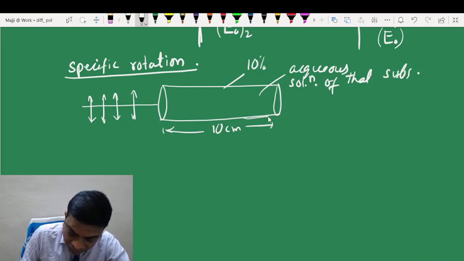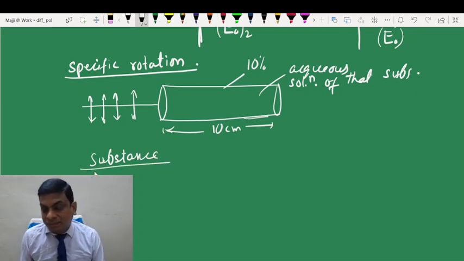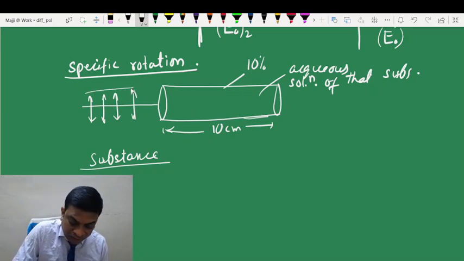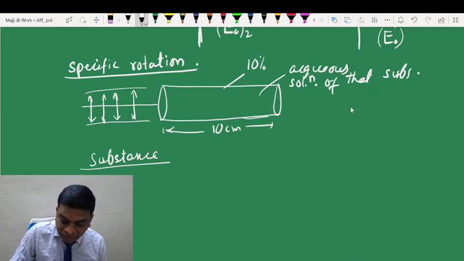Then if the substance exhibits optical isomerism, then one of the isomers will rotate this plane towards the right as seen from this side.